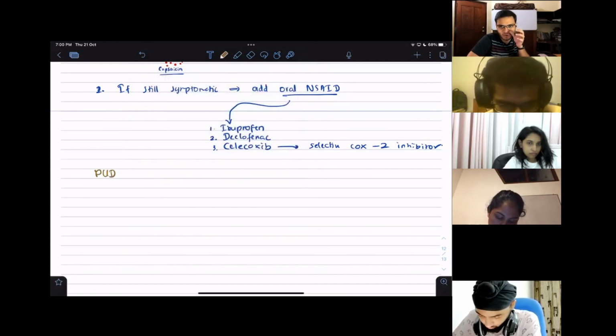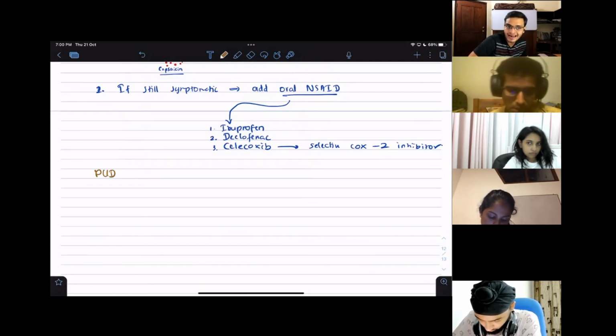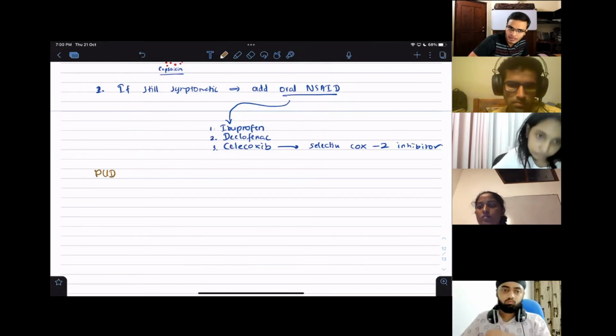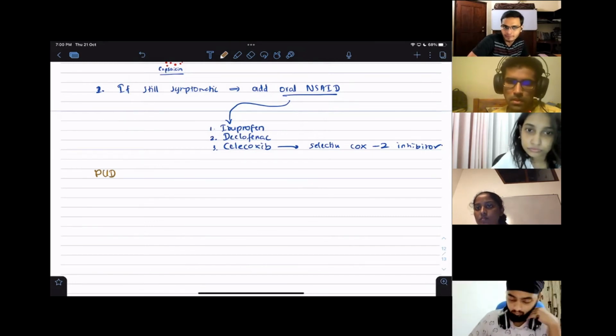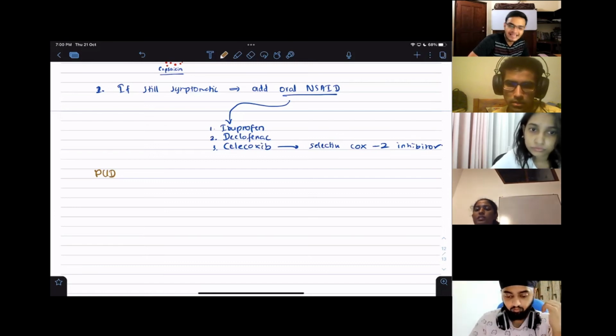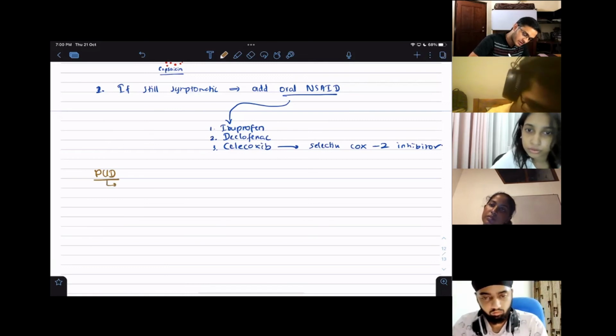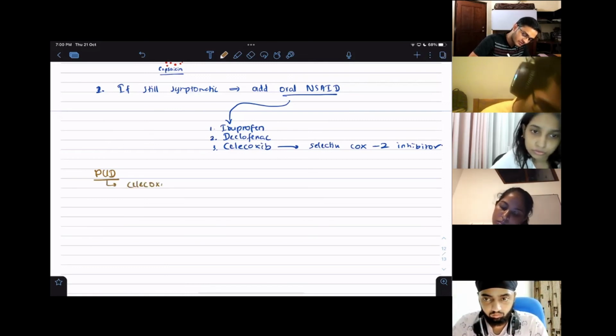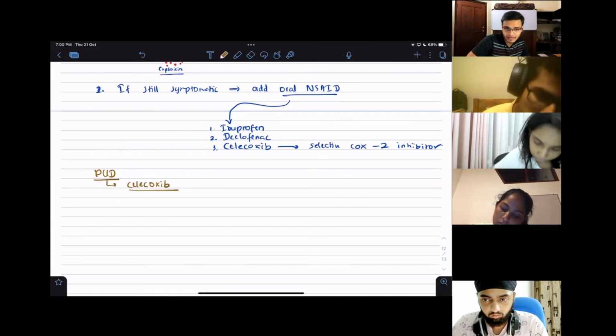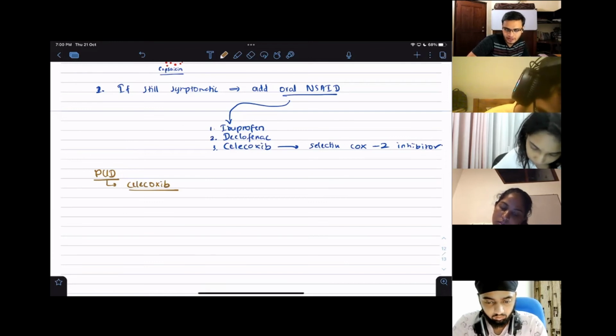So, if the patient is at a risk of peptic ulcer disease, what do we prefer? Selective COX-2 inhibitors or something like ibuprofen or diclofenac? Which one do we prefer? Yes, good. We prefer celecoxib if the patient is at a risk of peptic ulcer disease.